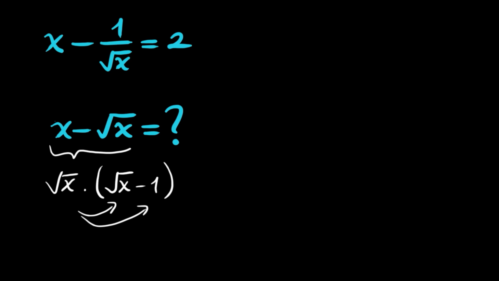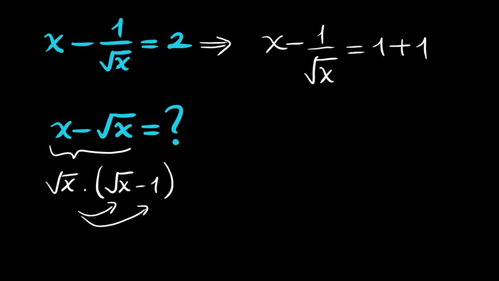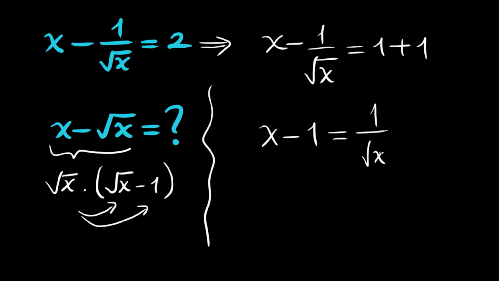That is to write this as (x - 1)/√x = 1 + 1, for some reason, and we will have our 1 on the left hand side as x - 1, and we will just send this 1/√x to the right hand side, and plus 1 is what we have.